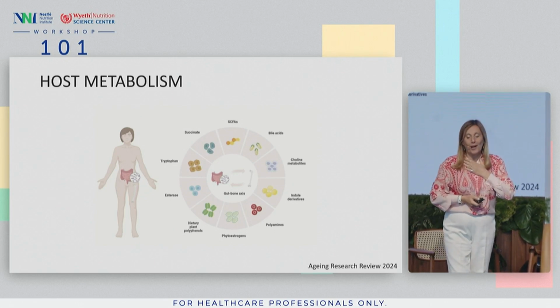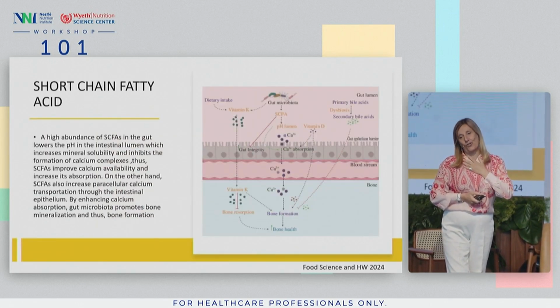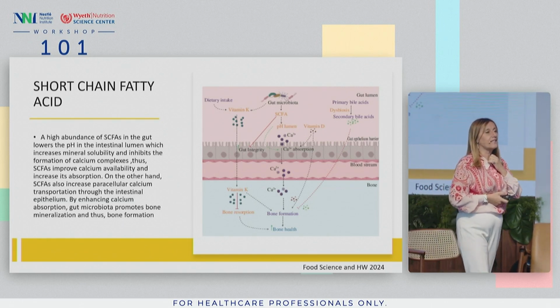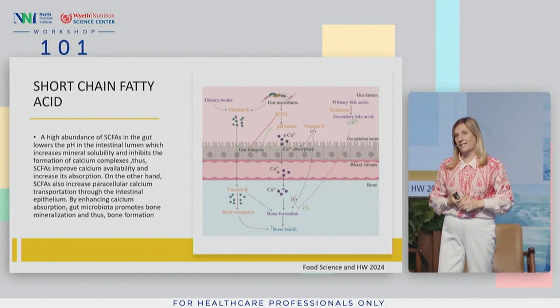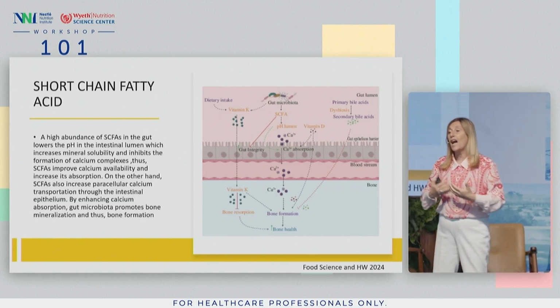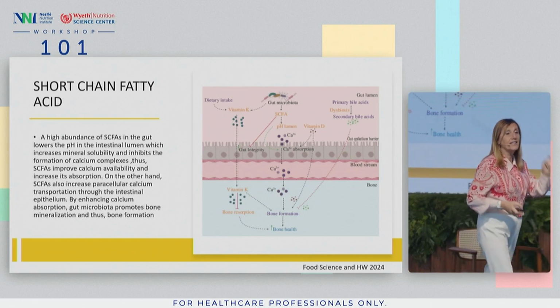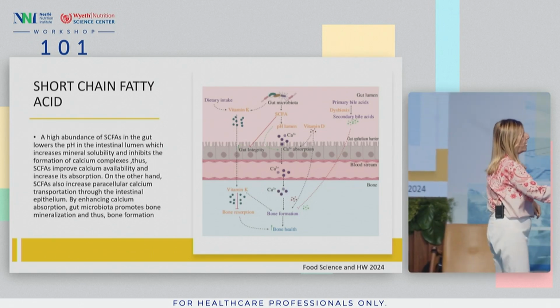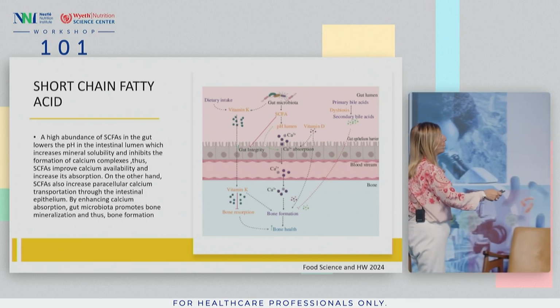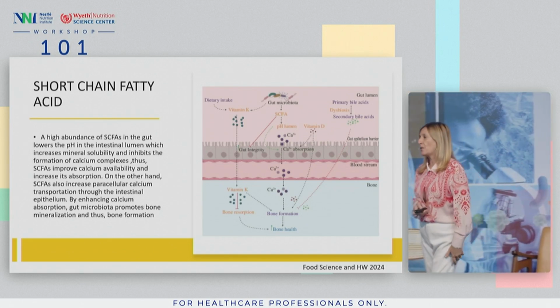We will talk about our friends, the short-chain fatty acids, because these are the metabolites par excellence. Short-chain fatty acids are produced by bacteria, and in this gut-bone axis they have a major role. Look at this: calcium reabsorption.